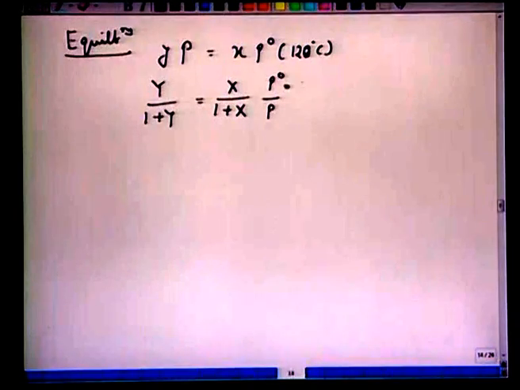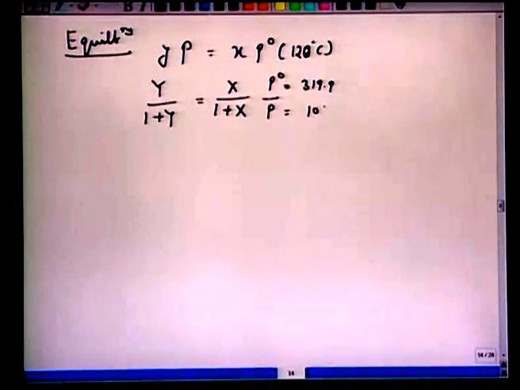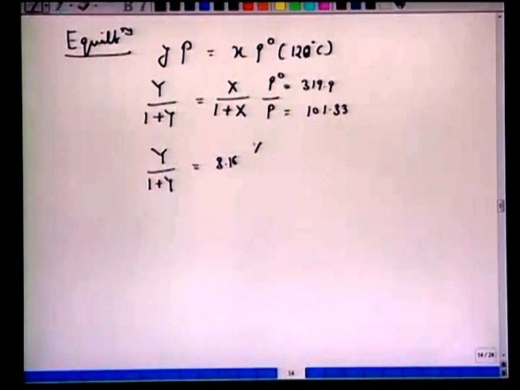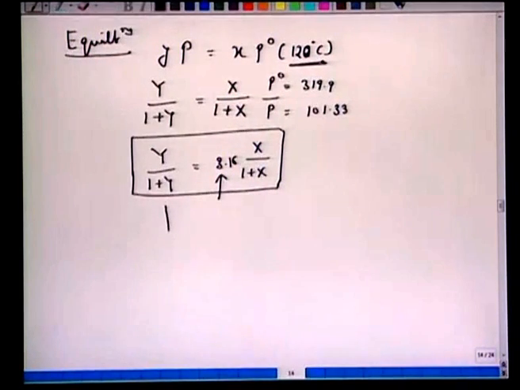This p0 vapor pressure is 319.9 and p, atmospheric pressure, is 101.33. So we have the equilibrium curve Y over 1 plus Y equals 3.16 x over 1 plus x. This expression is similar, except the coefficient is different because of the difference in temperature. Now we have 120 degrees centigrade. Nonetheless, with this we can now plot y versus x.